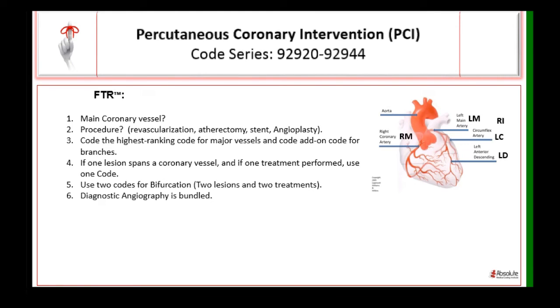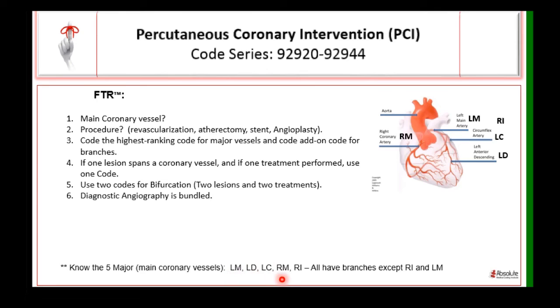Diagnostic angiography is bundled. And coders, don't confuse angioplasty with angiography. This is pretty much your films, your x-rays. Make sure, this is a reminder, that you know the 5 major coronary vessels, and these all have modifiers.